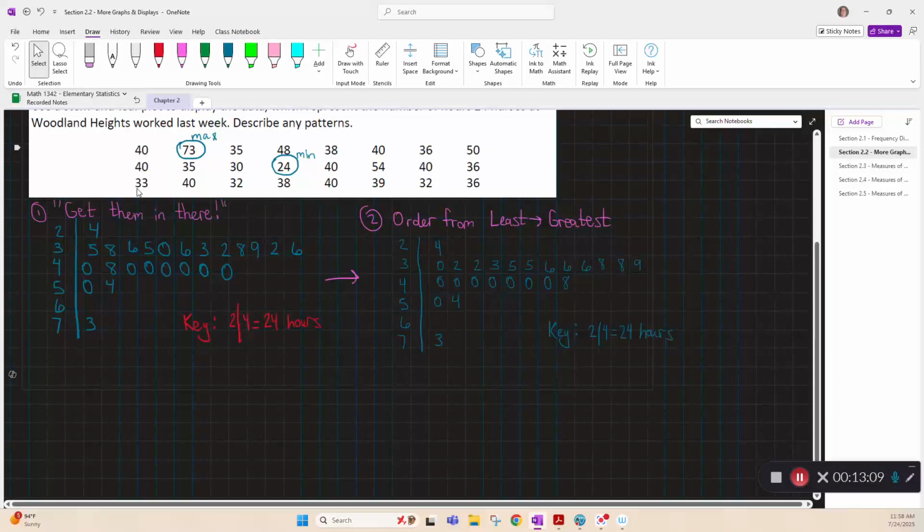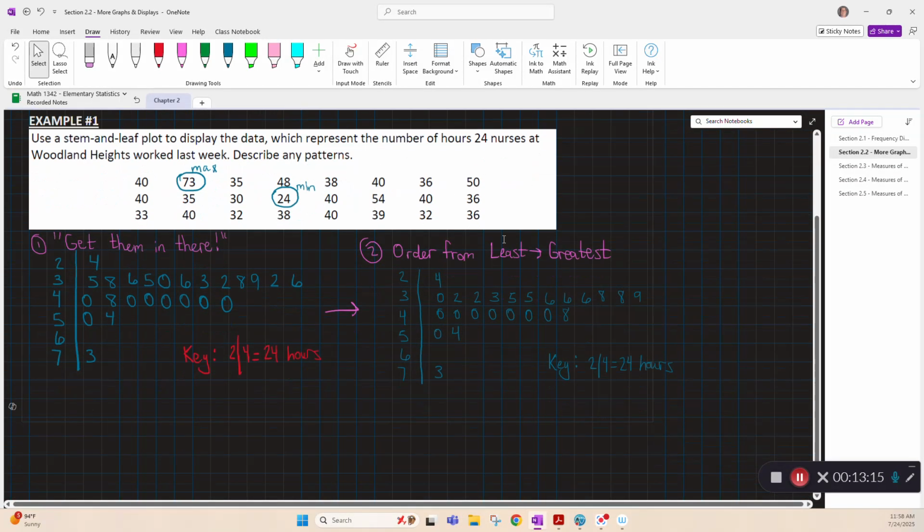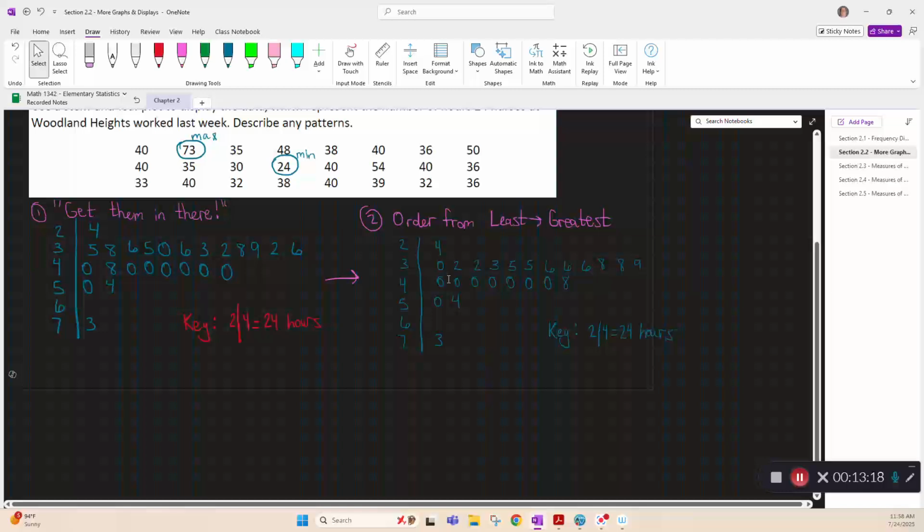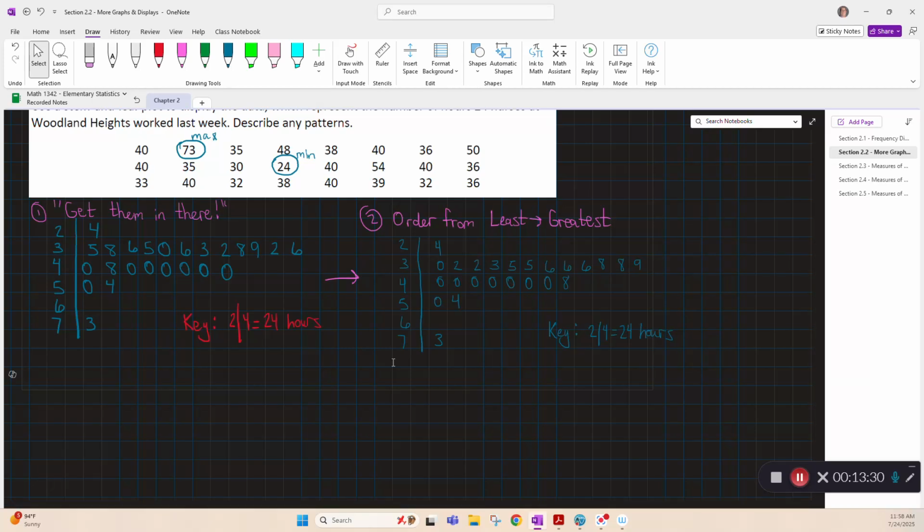How many data points are there in total? 1, 2, 3, 4, 5, 6, 7, 8. There's 24 data points. And if I'm looking at this, most of them are 40 hours or less, really. So we could say that. Yeah, that's one of our observations we could see.